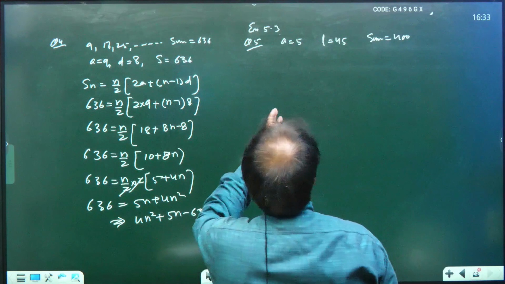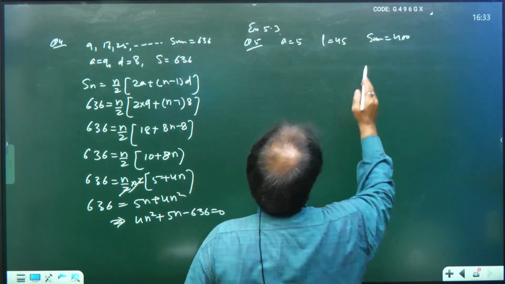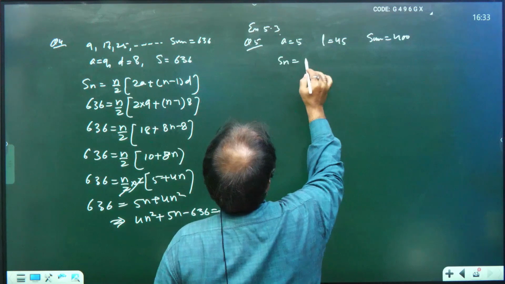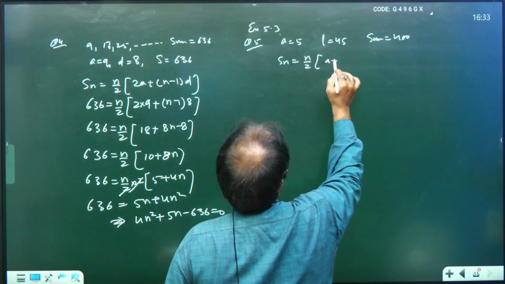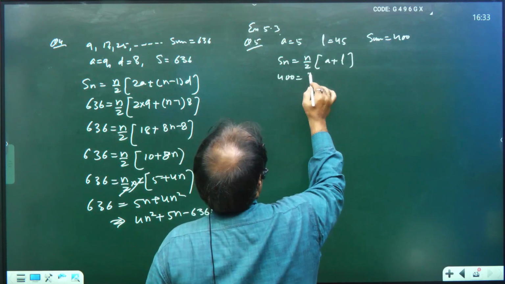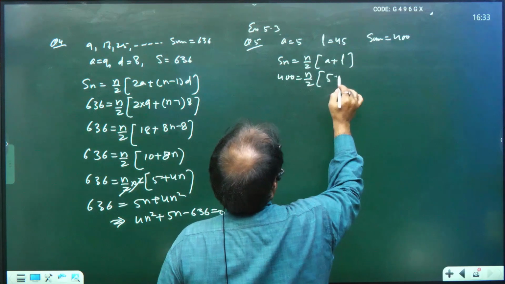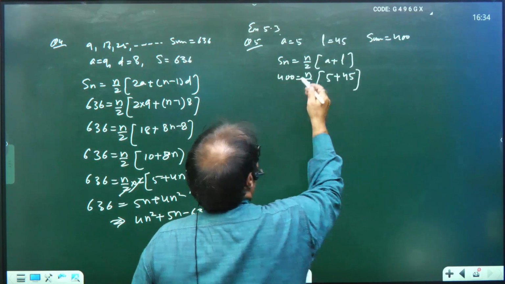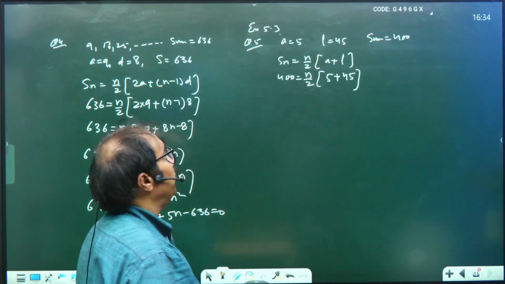Okay, this type of question we have already solved. So Sn is equal to n by 2 into (A plus L). The sum is given as 400, n we have to find. A is 5, L is 45, and now I think you can find the value of n.